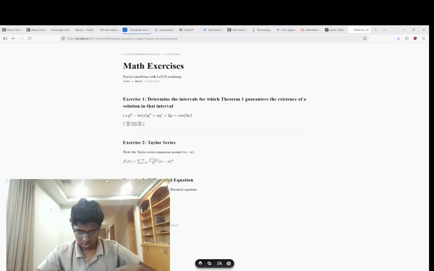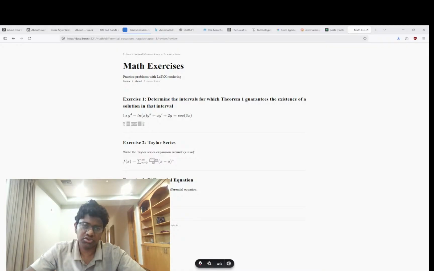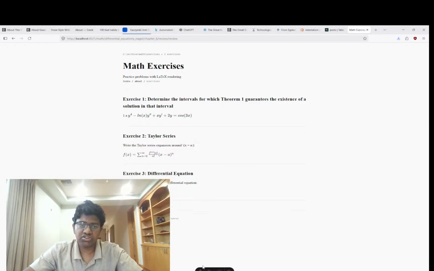On page 343, obviously it goes over this theorem. It's very important, which is that if they're all continuous on an interval, then there exists a unique solution. So we need to basically find the discontinuities and just say those are the intervals.